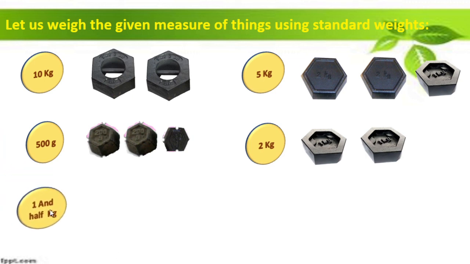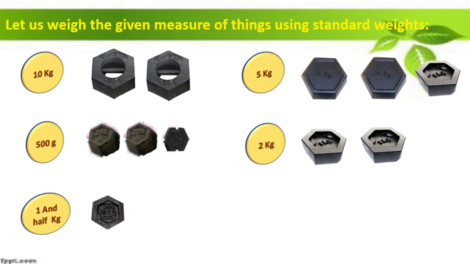Next thing is 1.5 kg we want to weigh. Then what we will do? And we have only 500 gram stone. Very good. This is one time, second time, and third time.